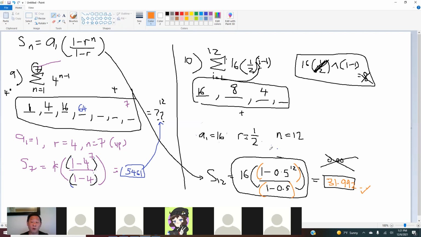Because your calculator is following orders of operation. So again, make sure you put parentheses on things, especially when you divide and when you do power. Now, did you guys get 31.992 something?